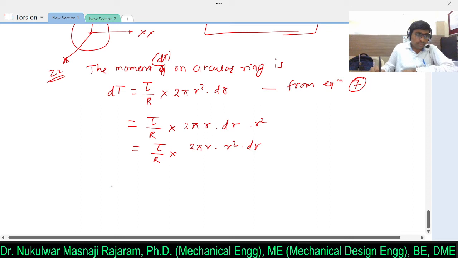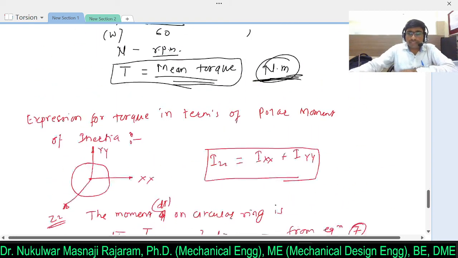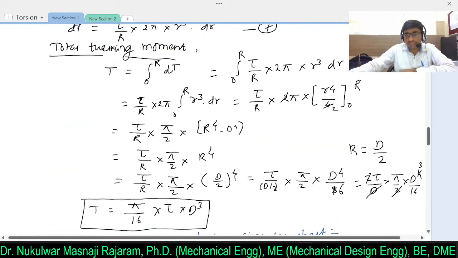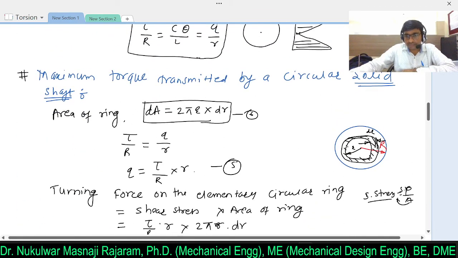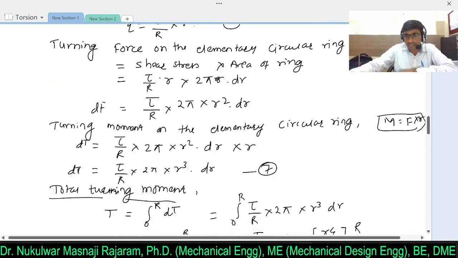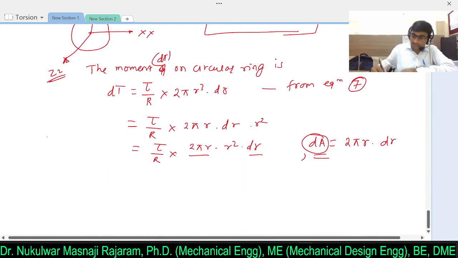Now if you observe the area of that ring, that is 2 pi r into dr. Instead of 2 pi r into dr, can I write dA? Yes, because in this equation we consider the area of that elementary strip. So this element strip, 2 pi r into dr, will be the area. So if I rewrite this equation, I get tau by r into r square into dA.